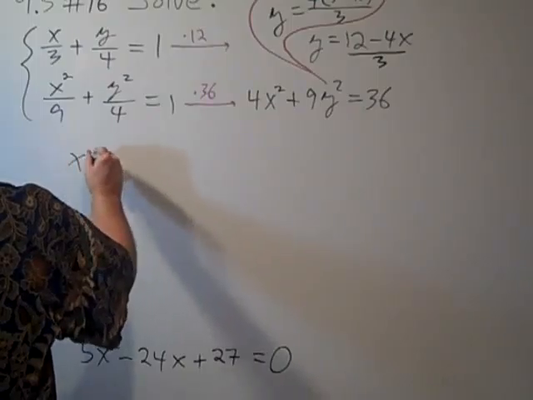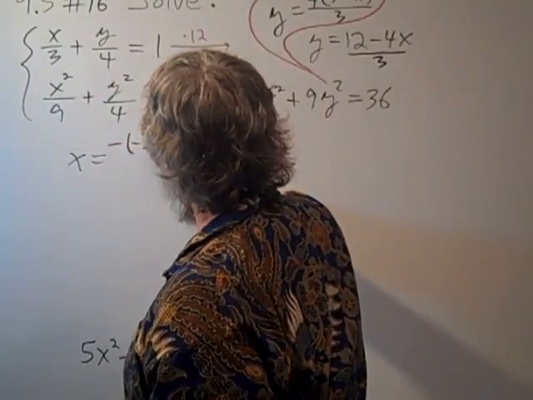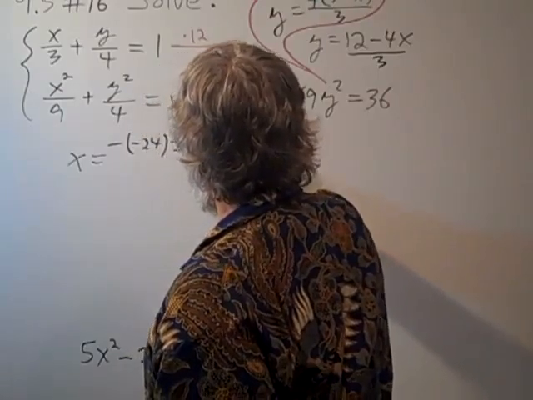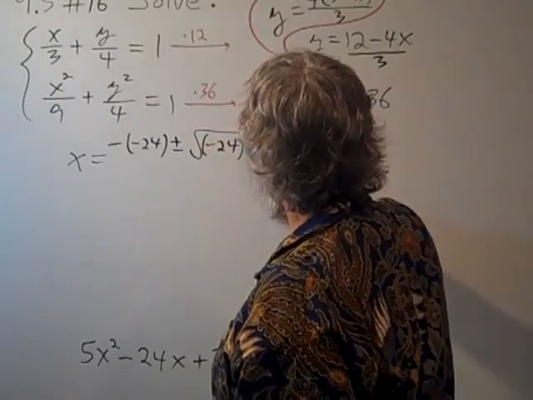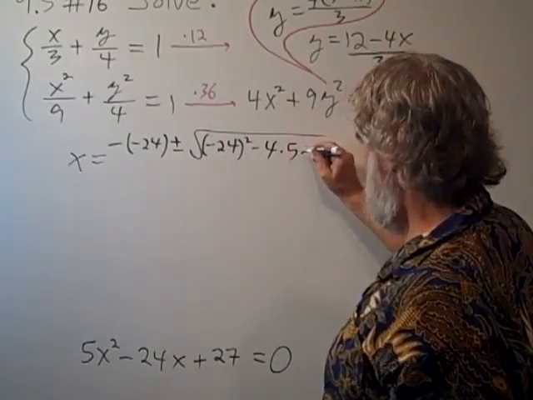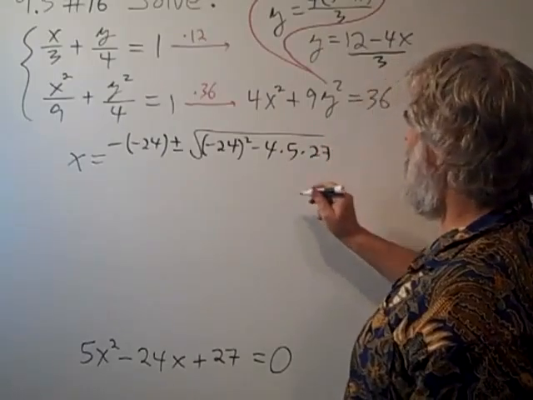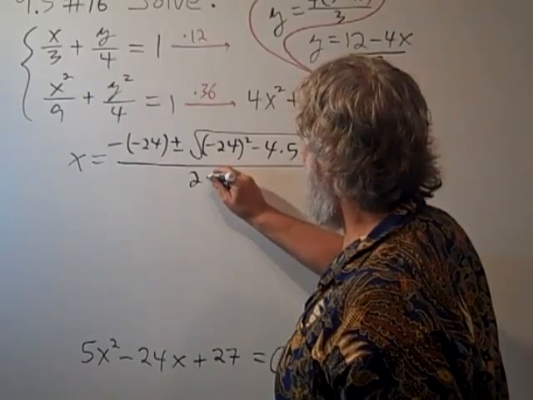So we get that x is equal to negative b, that's negative of negative 24, plus or minus the square root of b squared, which is negative 24 squared, minus 4 times a, which is 5, times c, which is 27, and all of this is divided by 2 times 5.